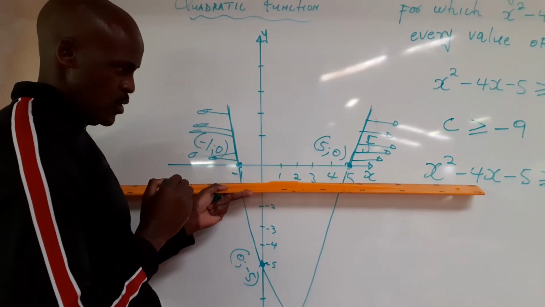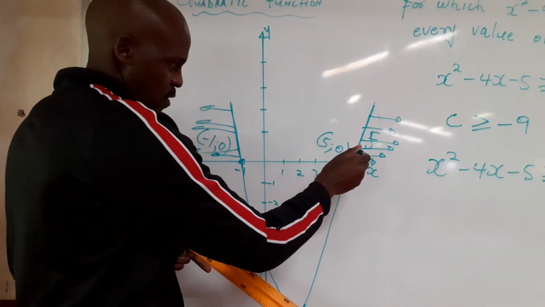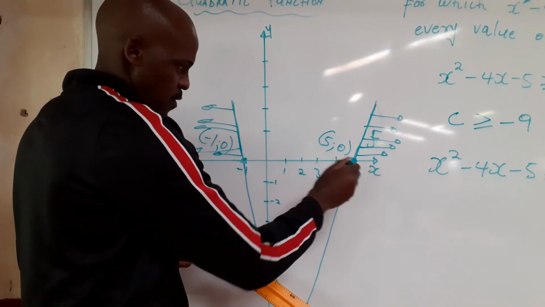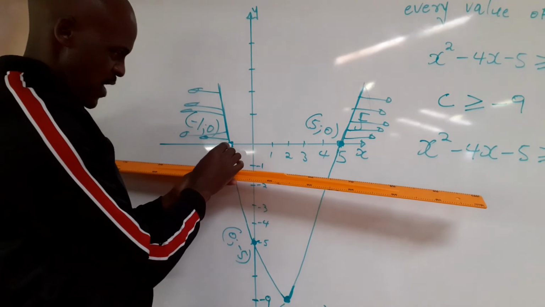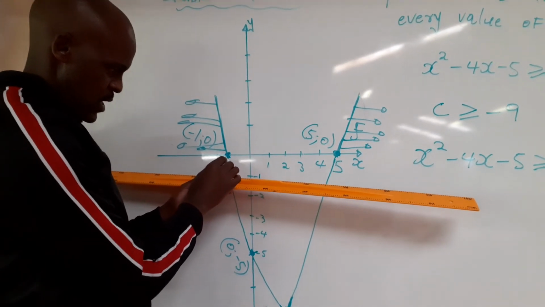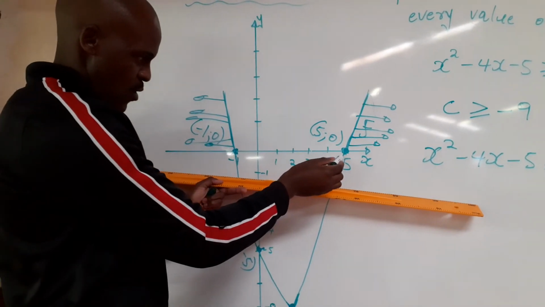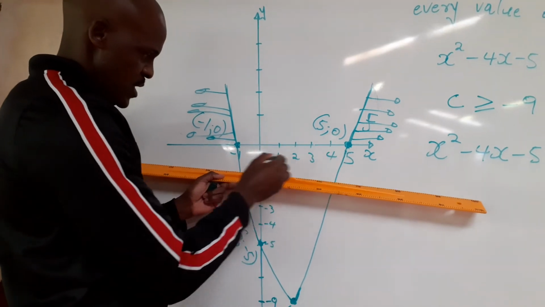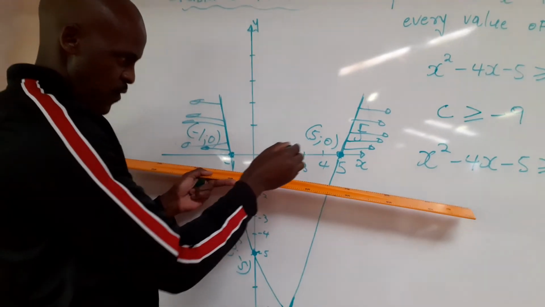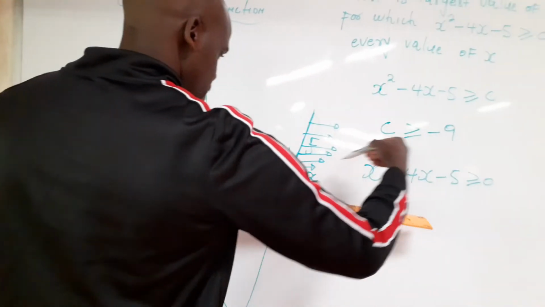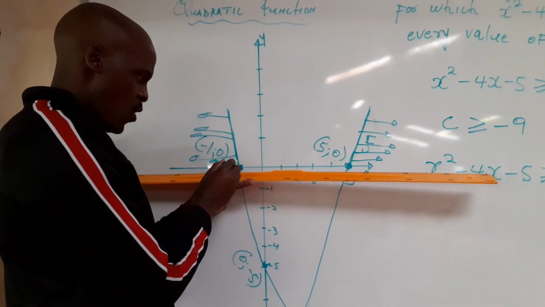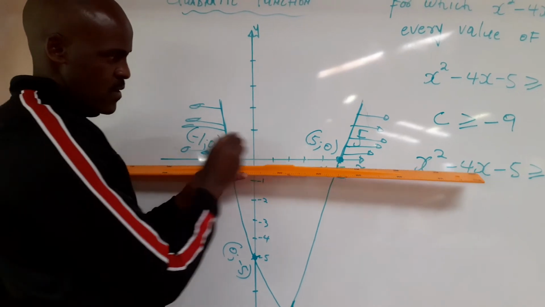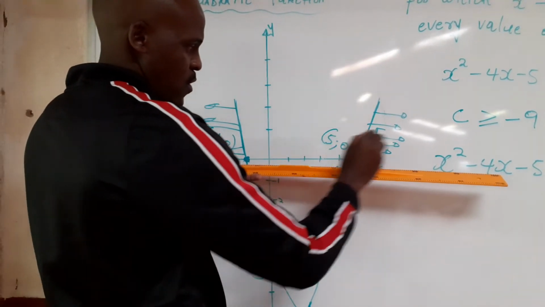Right, let's go down just below the x-axis. Just below the x-axis, here, let's look, our y is negative. Our y is negative here. So for our y to be positive, it has to be this or less, this or greater.